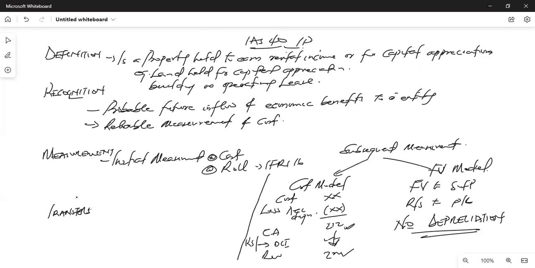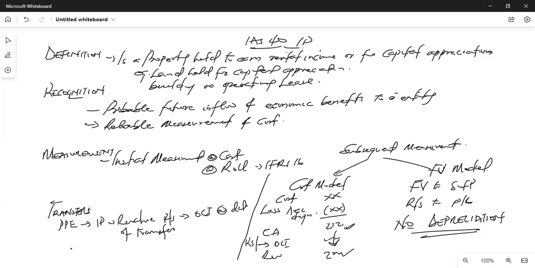If you have a PPE and you are transferring it to an IP, you need to revalue the asset, and you will treat the revaluation surplus to OCI at the date of transfer. That is very, very important.